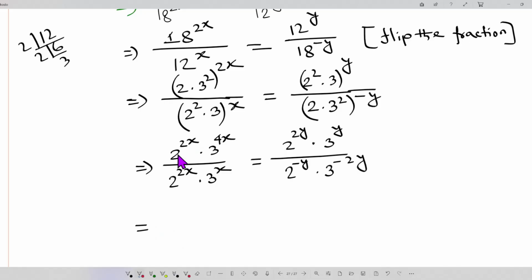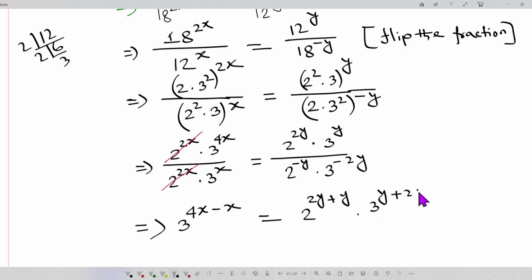Now look, this 2 to the power 2x and this 2 to the power 2x cancel out, and here is 3 to the power 4x divided by 3 to the power x, we can write 3 to the power 4x minus x equals, here is 2 to the power 2y and here is minus y, it will be plus y, times 3 to the power y and here is minus 2y, we can write plus 2y. How? Because we know once bases are same, a to the power m divided by a to the power n, we can write a to the power m minus n.